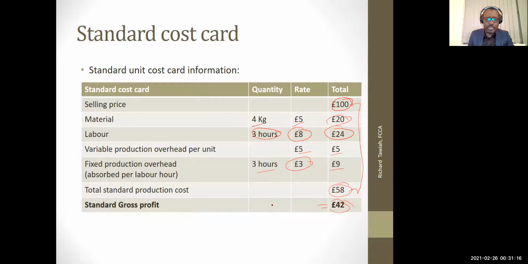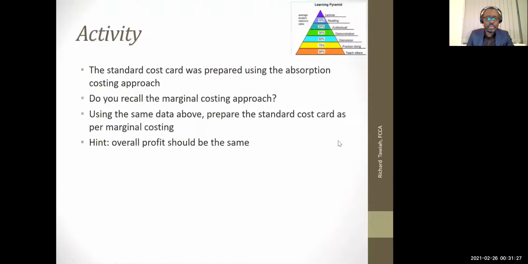So this is our selling price less our production cost, which gives us 42. This is a simple standard cost card per unit of a product that we could use.